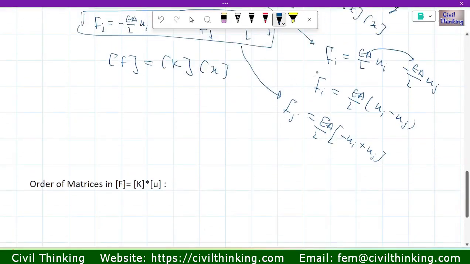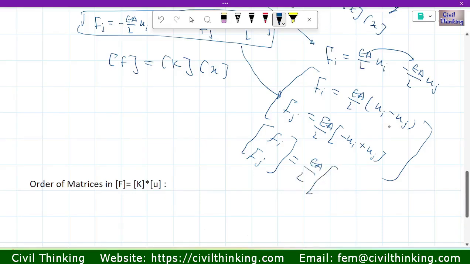Now we can combine these two in matrix form. So Fi and Fj, I will keep them in one matrix. And this EA by L, EA by L, I will put outside. And Ui minus Uj, minus Ui plus Uj, I will keep in a matrix, right?